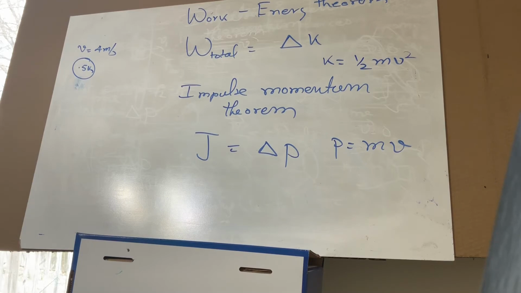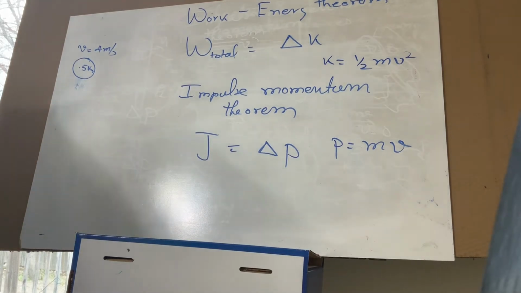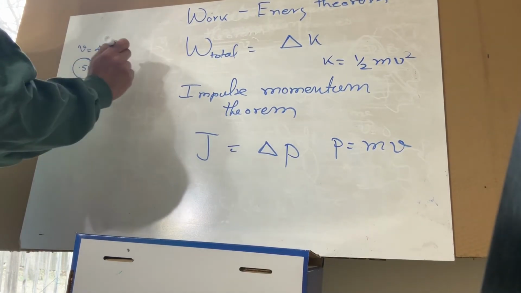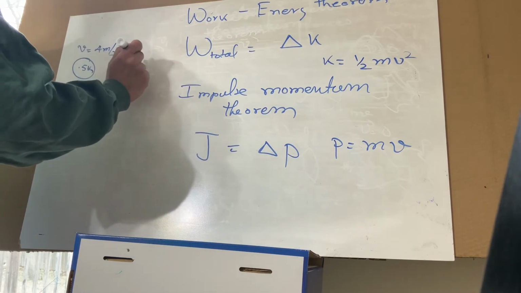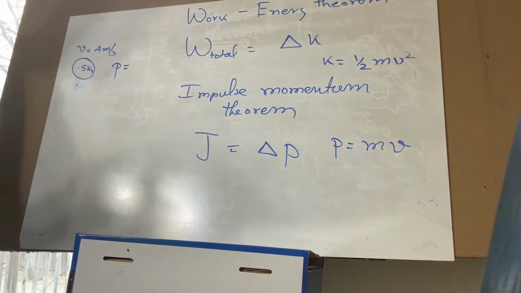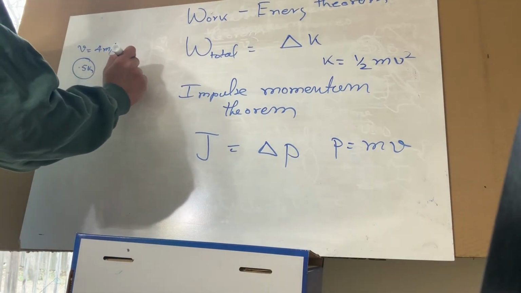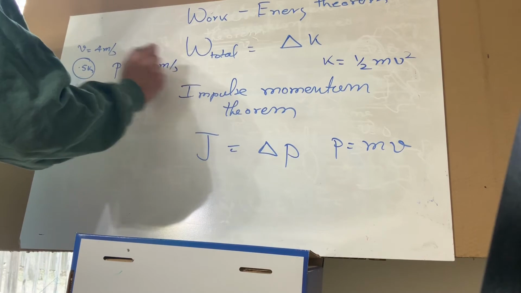So you throw a 0.5 kilogram object at 4 meters per second. What is the momentum? The momentum here is 0.5 times 4, which is 2 kilogram meters per second.